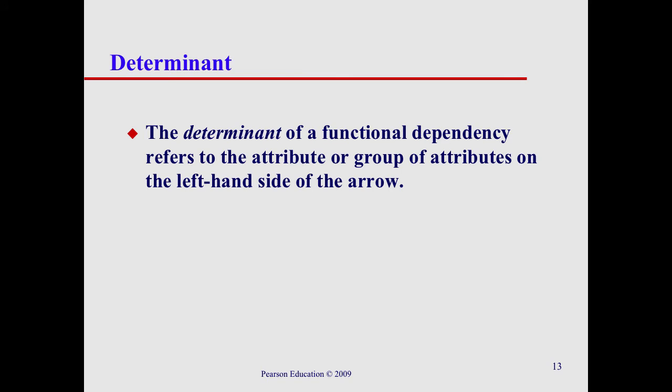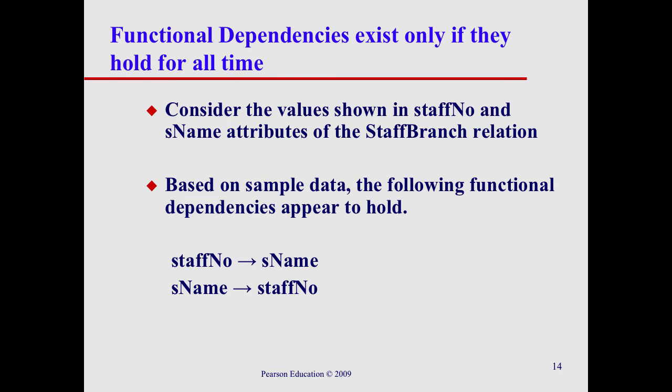In math, you say f of x equals y. You call x the independent variable and you call y the dependent variable. But in normalization, x is the determinant. So the left-hand side is the determinant, and the right-hand side doesn't have a name.